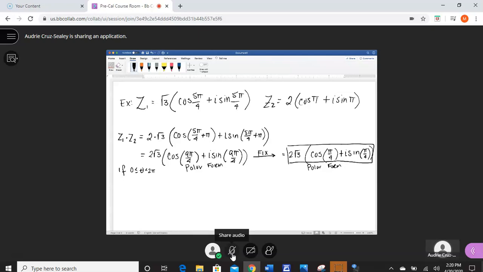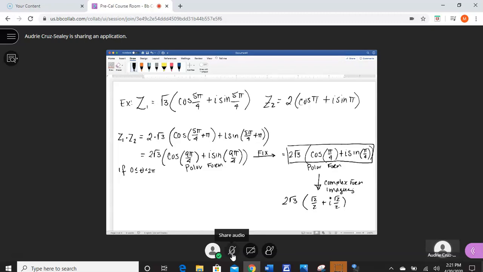Oh my God. Okay, now let's say this is your answer in polar form, but let's say that it said, nope, I want you to change it to complex form. That means it wants us to put it back to being imaginary. Okay, so then you would just convert this. This would be 2 the square root of 3, and this would be the square root of 2 over 2 plus i the square root of 2 over 2.